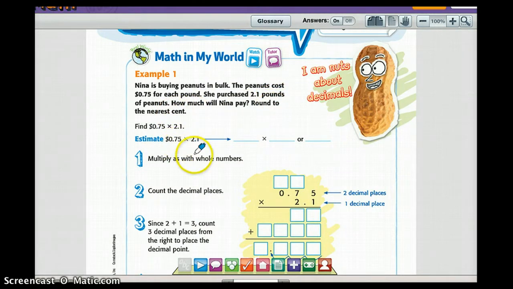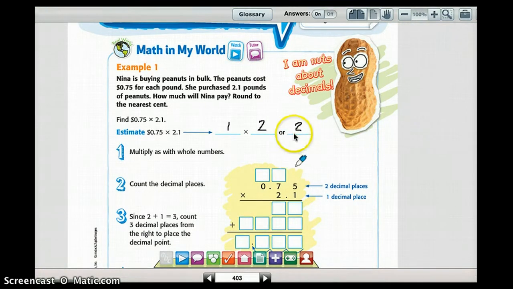So first we can estimate. We can round 75 cents up to about $1. So it's about $1 times about 2 pounds, and this would be dollars, so it'd be about $2.